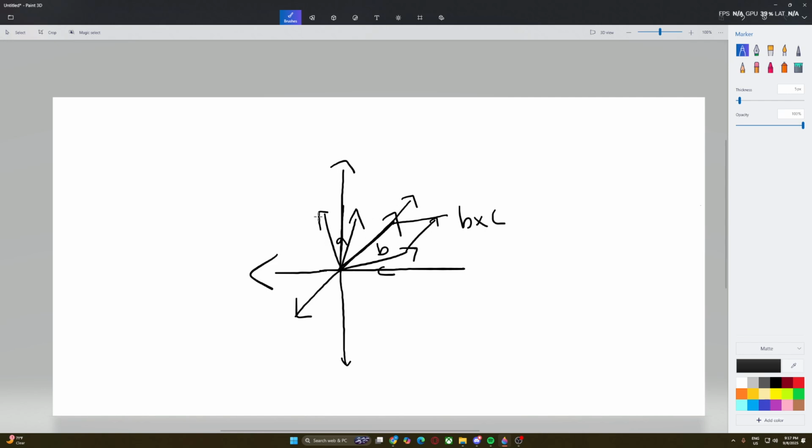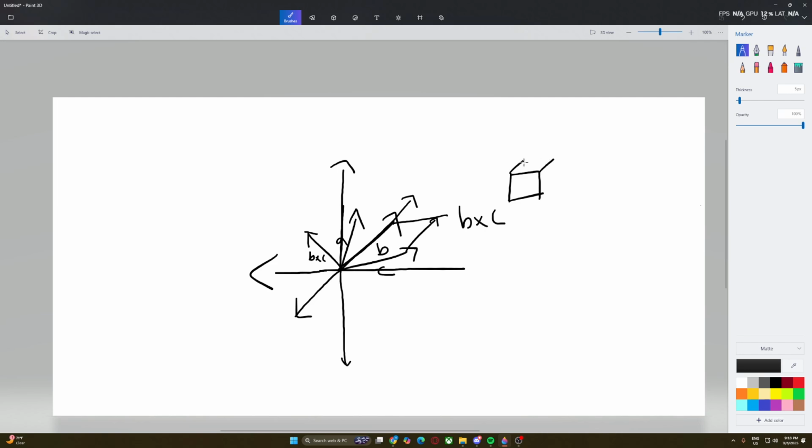I'm gonna try to make it look like it's perpendicular to the parallelogram, because drawing it from here doesn't look right. So I think around here is the vector B cross C.